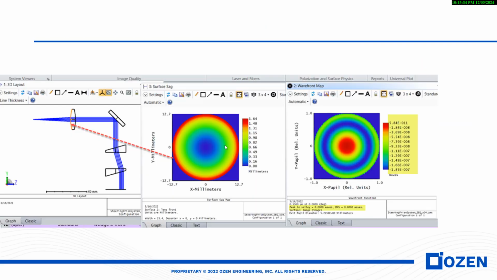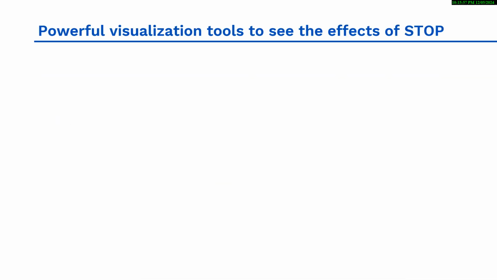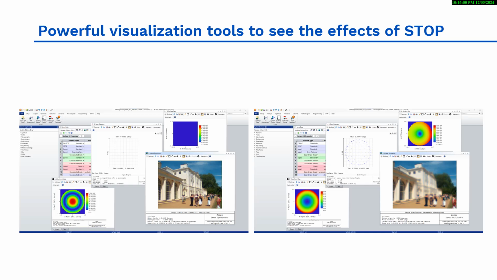For instance, here we showed the surface sag and wavefront map when we include just our normal optical simulation, without the effect of structural and thermal deformation. But when we include the structural and thermal deformation, we can see how much the wavefront changes.